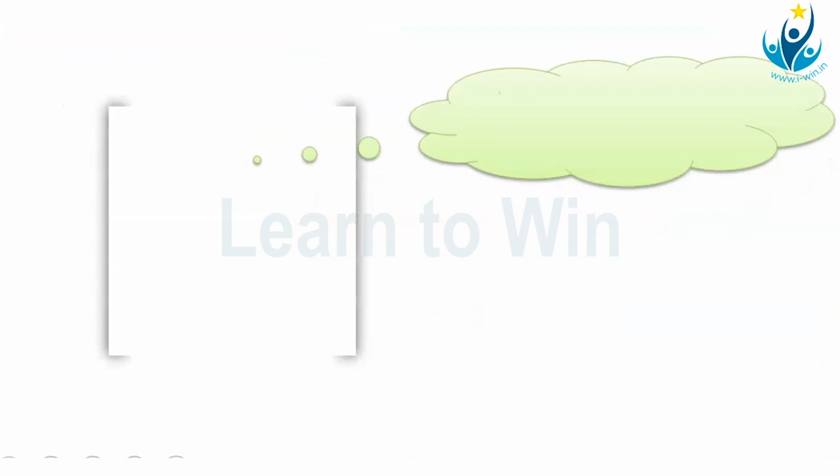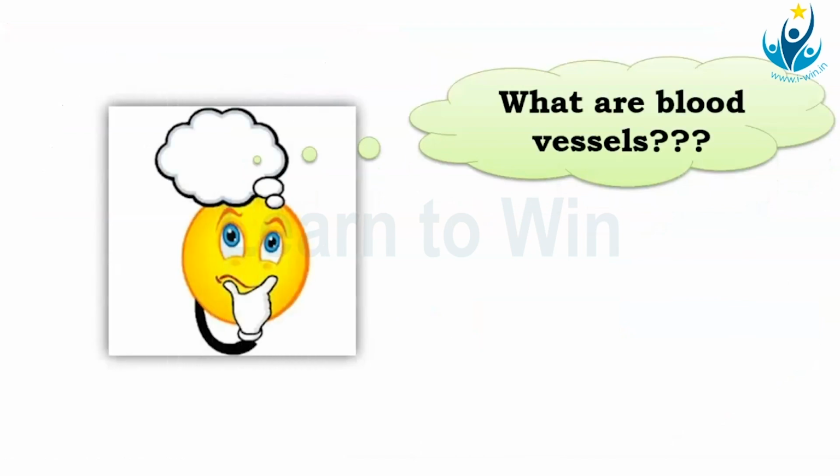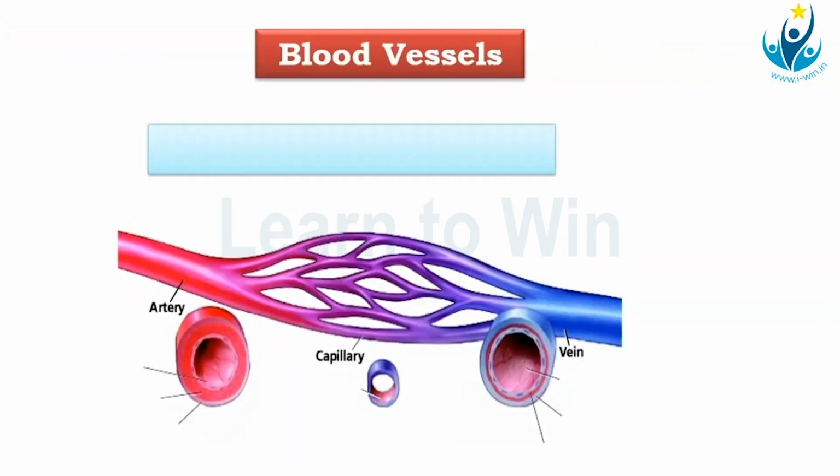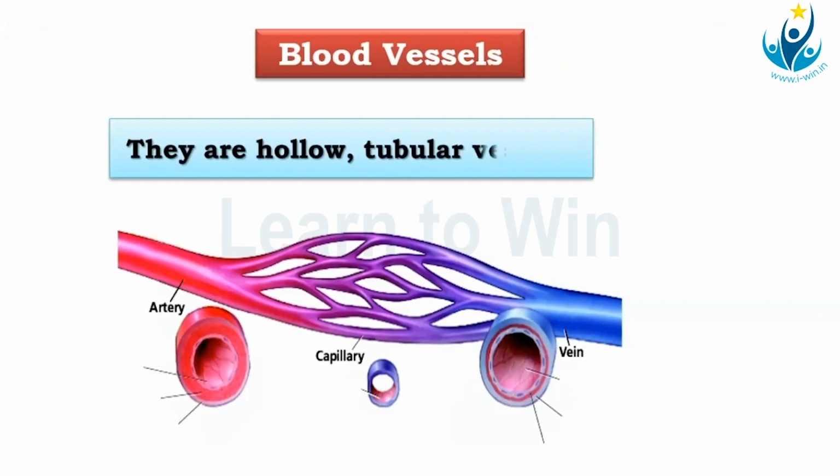To answer the question as to what are blood vessels, well, blood vessels are hollow tubular structures which carry blood. From the pumping station, which is the heart, they carry the blood to various tissues of the body. From the tissues, they collect the blood and send it again to the heart.